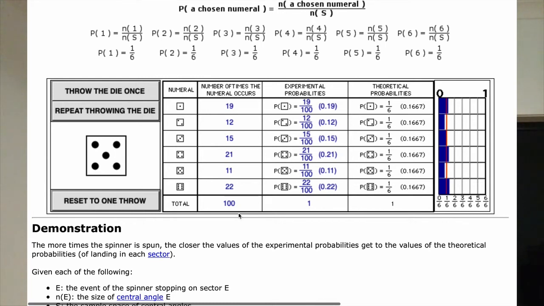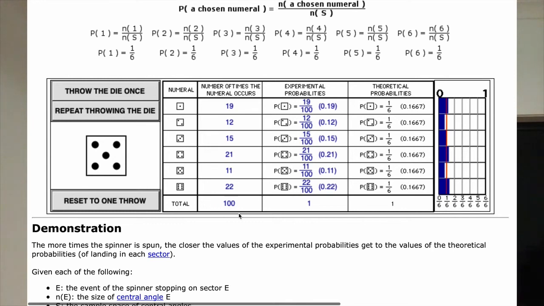That is close to our theoretical probability of 1/6, or 0.16667. It's been rounded up. And that's very close to our experimental probability of 0.15. So having a large amount of trials, having 100 trials, means that our experimental probability is closer to our theoretical probability.